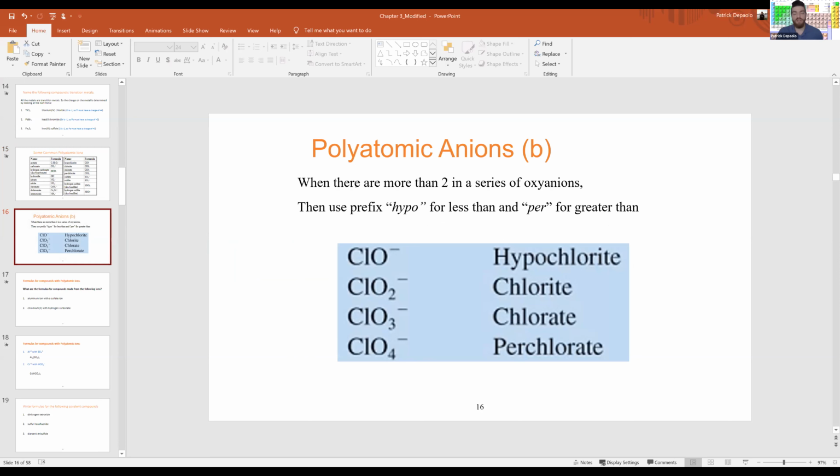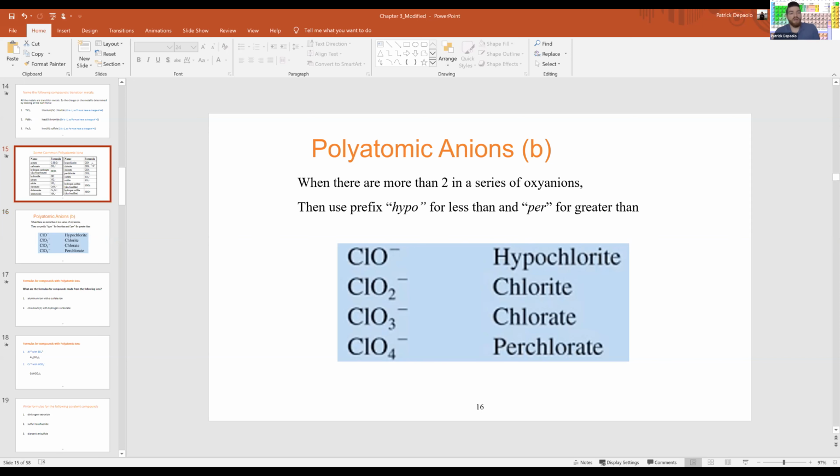Once we get to Lewis structures, that'll be more apparent, because the way they bond leaves only 1 oxygen negatively charged in every one of these cases. It's basically the bonding arrangement of the oxygens to the chlorine that dictates that. Okay, so hypo. So you see hypochlorite.